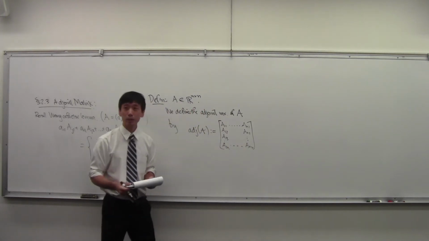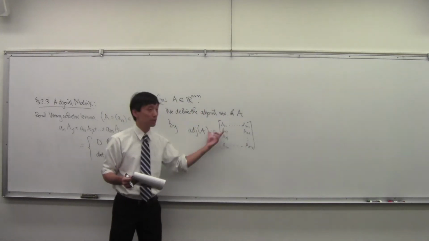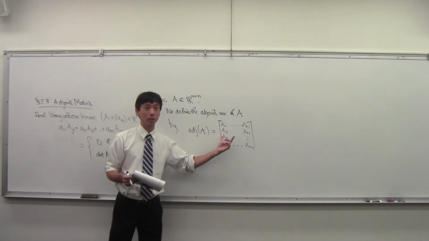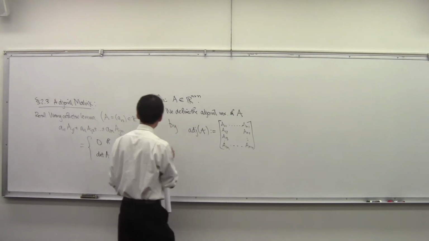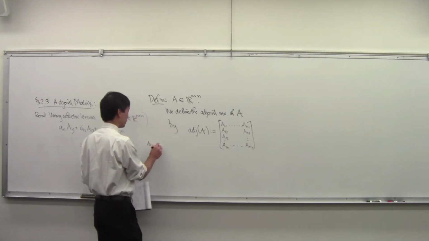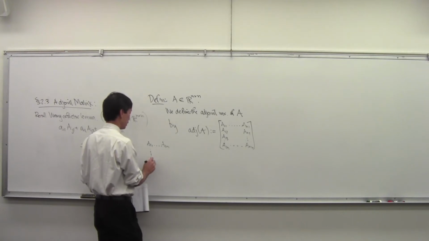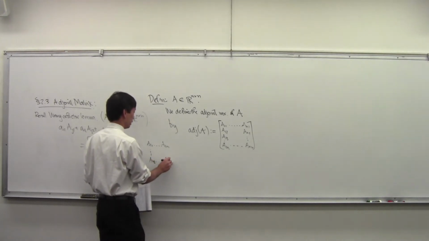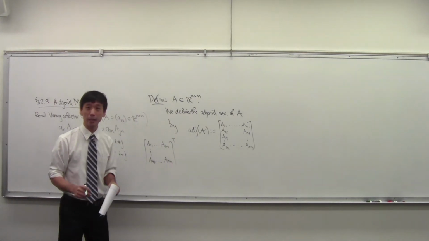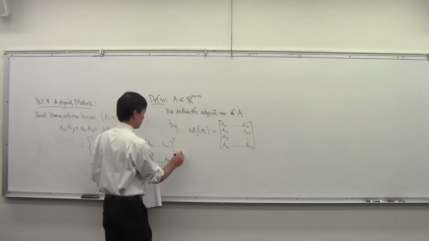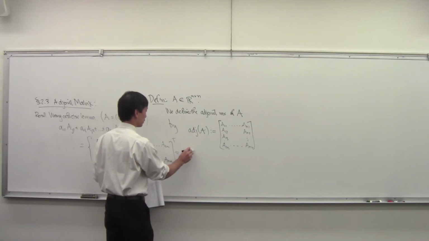So it's a matrix of cofactors but transposed. If you just took the normal cofactors, they would look like this. You take the transpose of that, and that's the adjoint matrix.